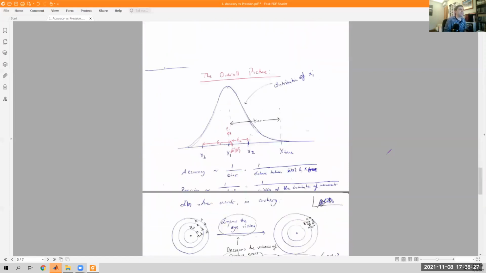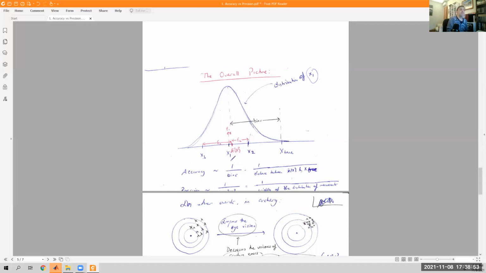Now, the overall picture here is, again, let me go a little bit further with statistics. Actually, each of our experiment's measured X, this time I wrote it as Xi, is going to be a Gaussian distribution around an expected value of X here. Each measurement is going to be like this. So why do we have different values here?